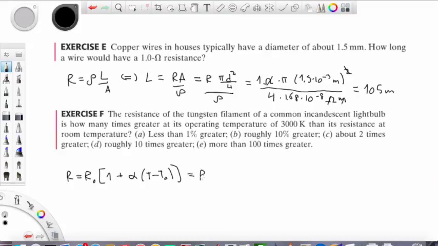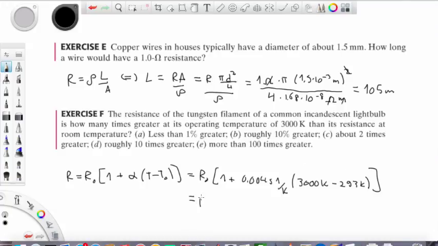And if you plug in the numbers, so we have some R0 times 1 plus, and for tungsten, you can find from the tables, the alpha is 0.0045, 1 per Kelvin. And our T is 3000 Kelvin. The room temperature, T0, is 293 Kelvin.